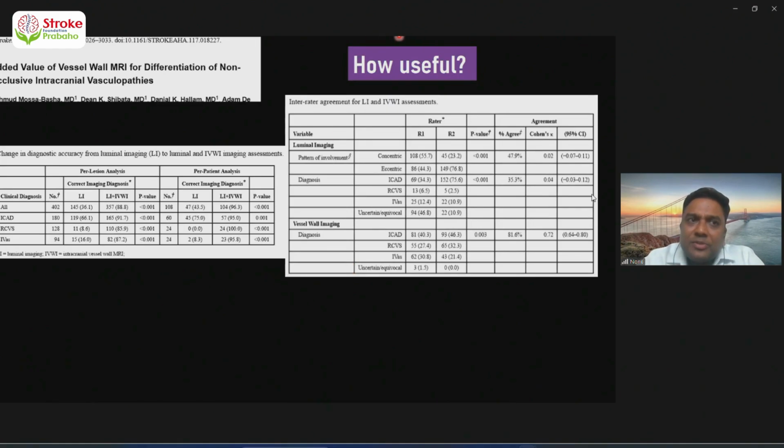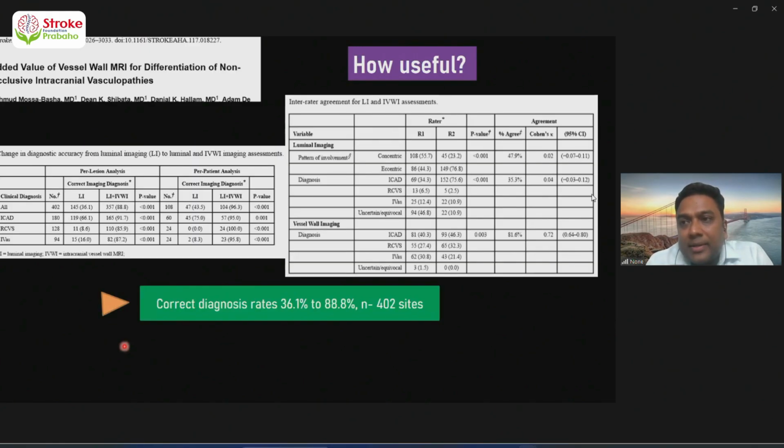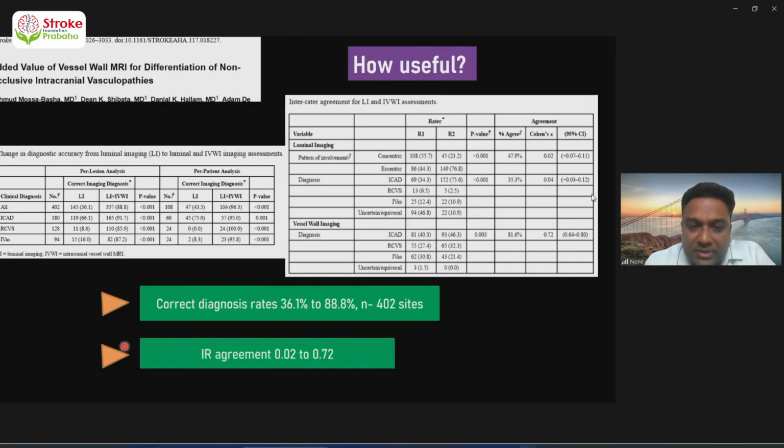So this is a very interesting paper that was published, which looked at whether adding vessel wall imaging really makes a difference to making the diagnosis. What they concluded was that the correct diagnosis rate jumps from less than 40% to close to 90%. Therefore, there is a clear need to understand this imaging modality and apply it in practice.